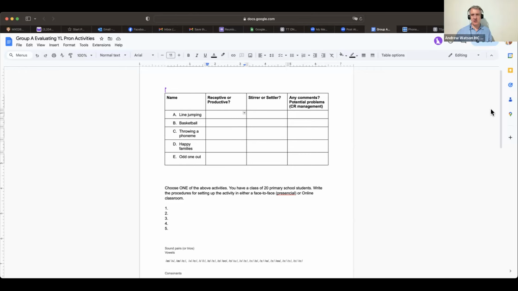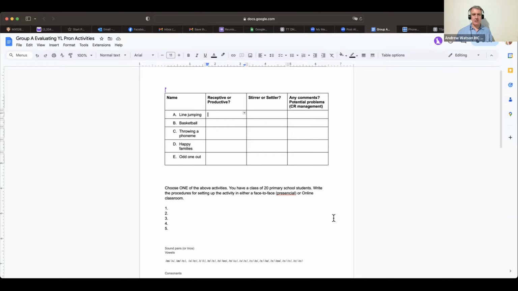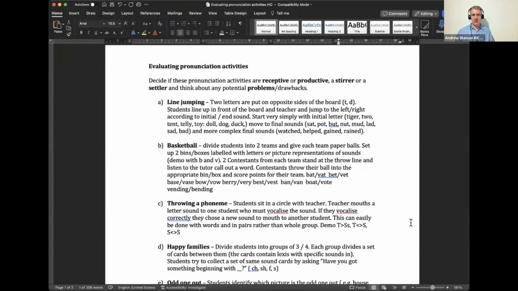Okay, let's look at the activity again. You've got two letters on opposite sides of the whiteboard. Students line up in front of the board and the teacher, and they jump to the left or to the right, according to the initial or end sound that the teacher makes.